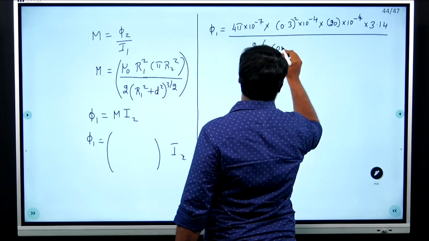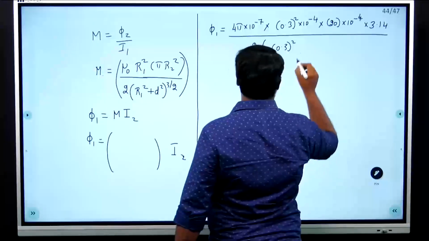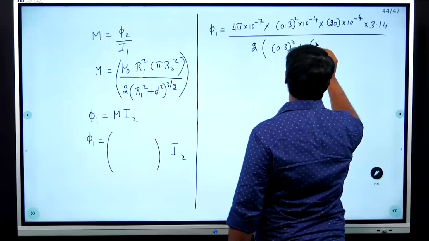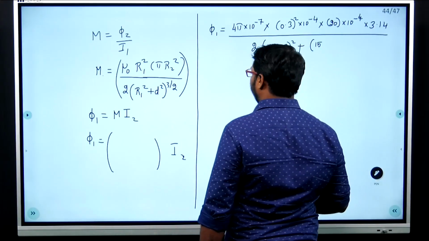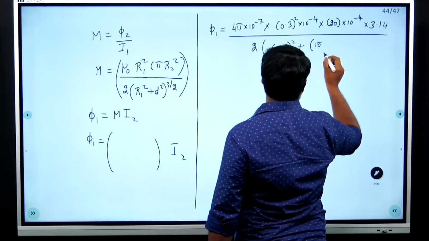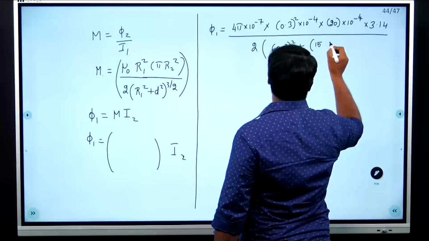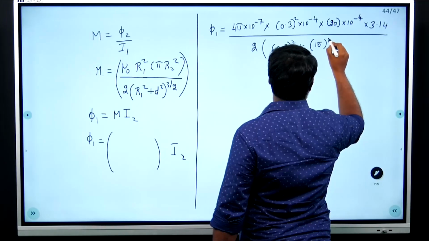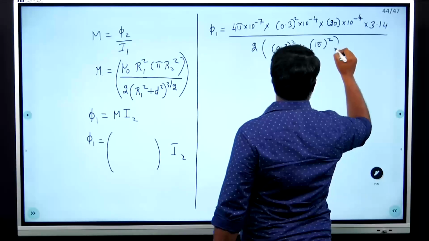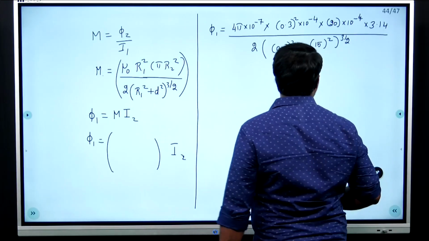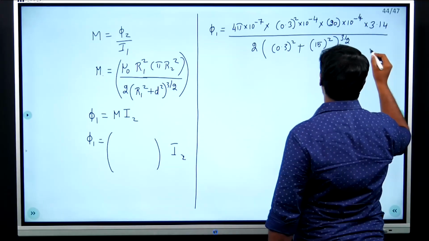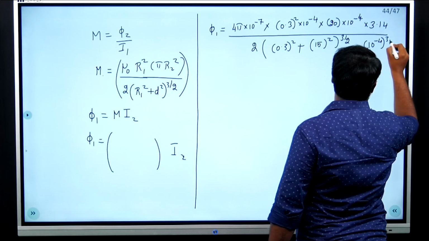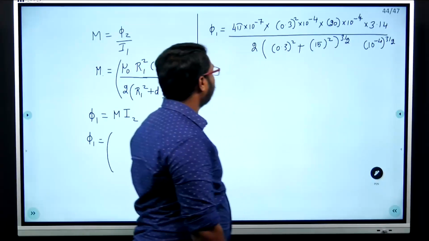It is 0.3 the whole squared plus the distance between the two loops, 15 centimeters, so 15 into 10 power minus 2, whole squared, and whole power 3 by 2. Instead of putting 3 by 2 in here, I'll just write 10 power minus 4 whole power 3 by 2 separately outside.